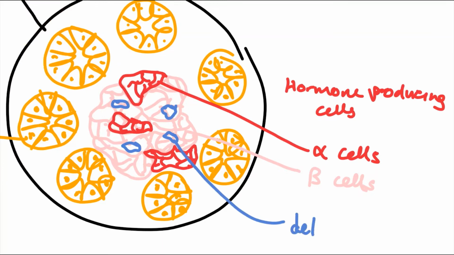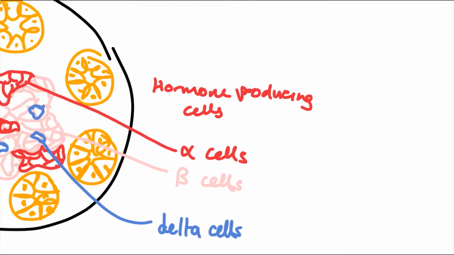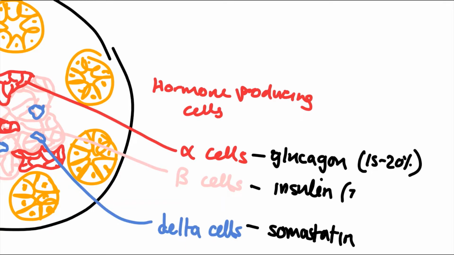The alpha cells release the hormone called glucagon, the beta cells release the hormone called insulin, and the delta cells release somatostatin. The alpha cells make up about 15 to 20% of the islets, beta cells about 70%, and delta cells 5 to 10%.